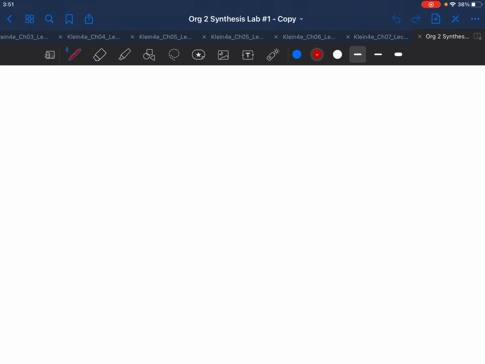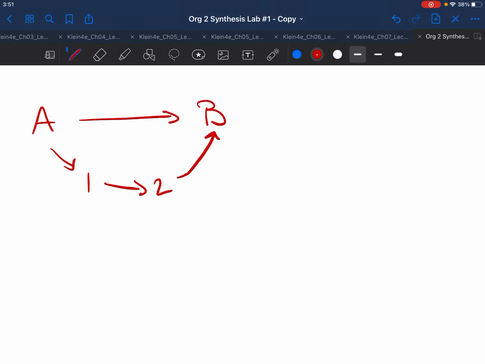Okay. So there's not one specific and only way to approach these problems. You can certainly look at it from, we are going from A to B, and along the way we might hit intermediate 1, 2, and then product.